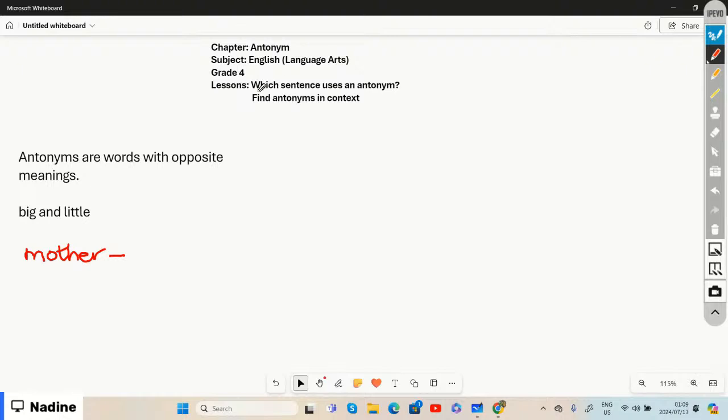So the opposite of mother is father, right? Think of when you're sad. But now, if you're not sad anymore, right? What is the opposite of sad?